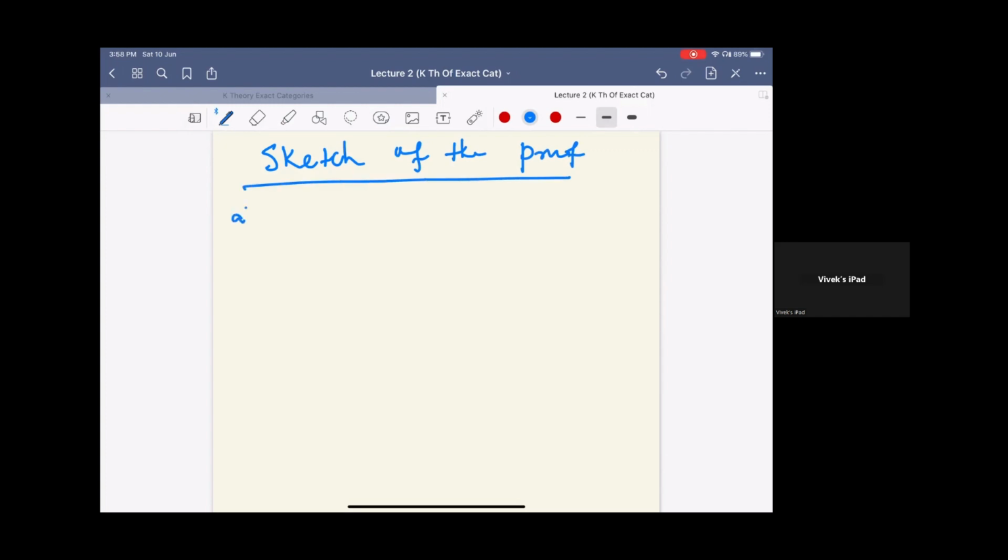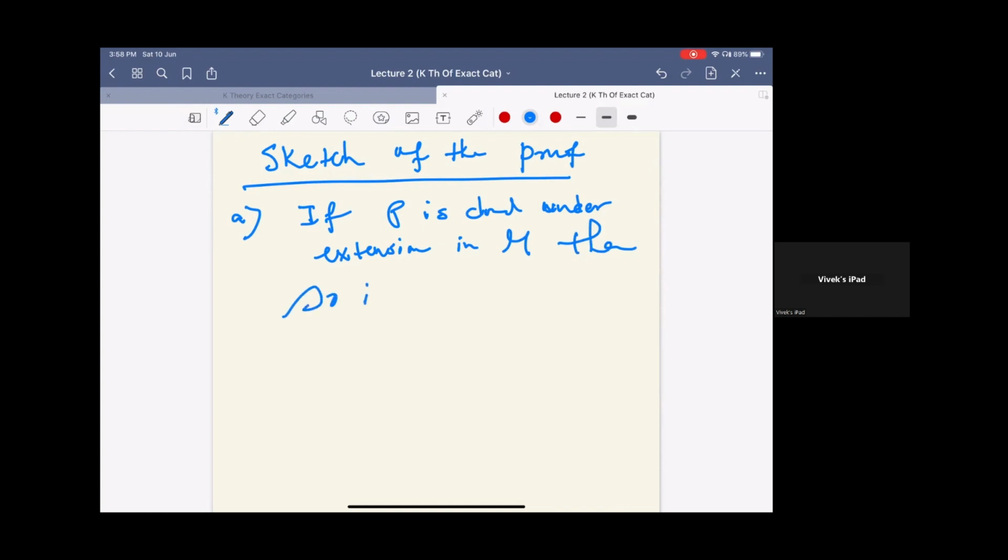First, what I have to check: if rho is closed under extension in M, then so is BQ rho.